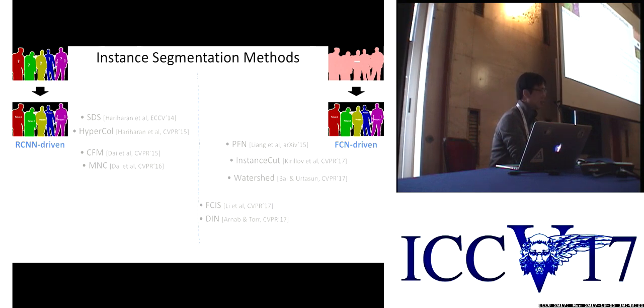On the other hand, the FCN-driven methods were pioneered by a paper called Proposal-Free Network. And in this CVPR, we also see papers called InstanceCut or Watershed, which are driven by the FCN output. There are some other methods that lie in between these 2 families, for example FCIS or DRM, which start from an FCN network, but also started to exploit region proposals.